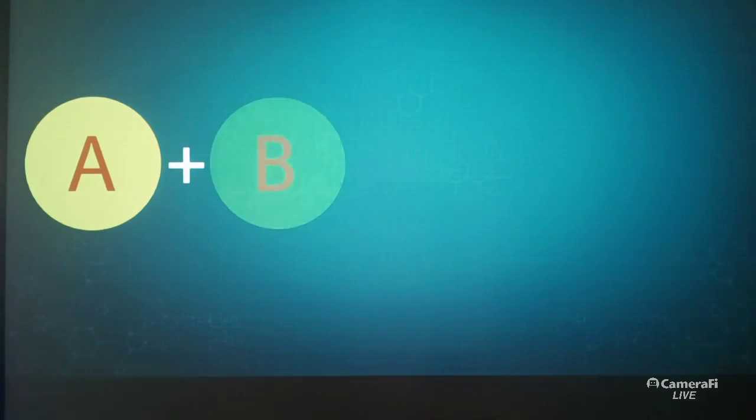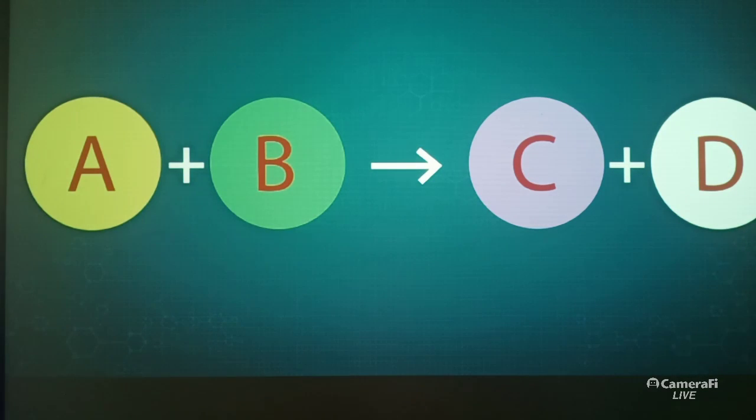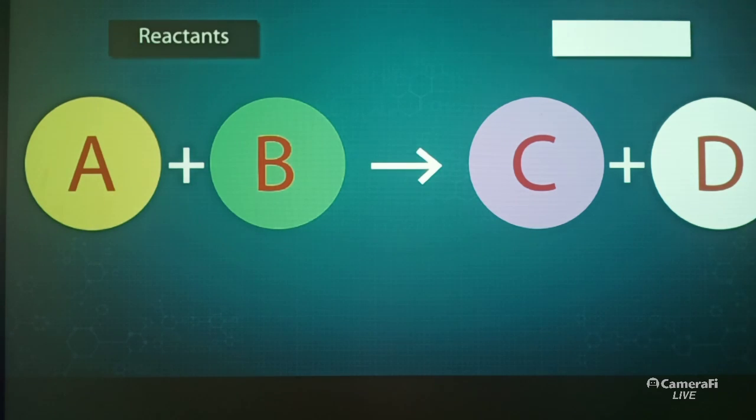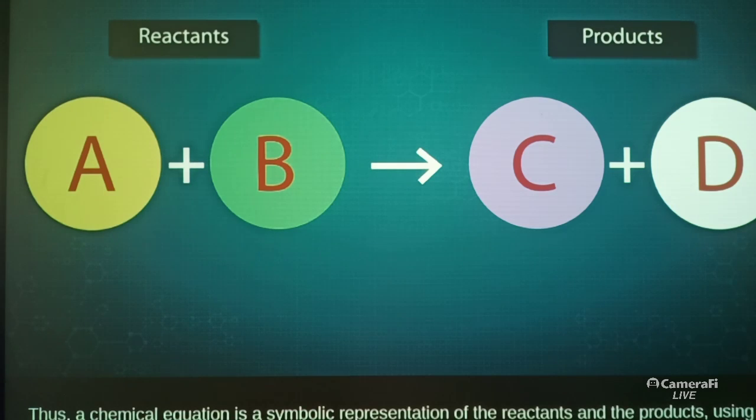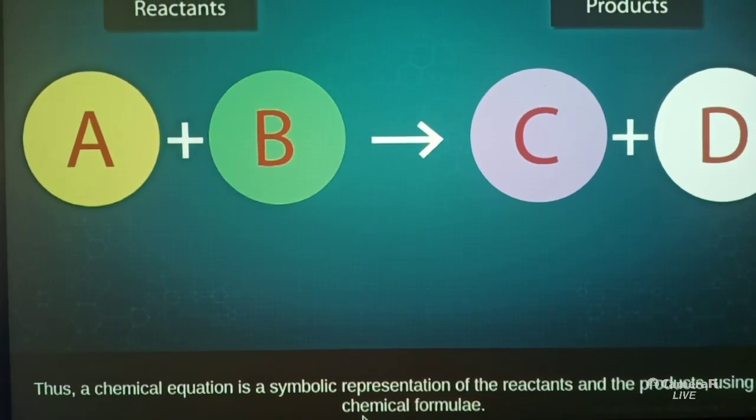A chemical reaction is expressed in terms of a chemical equation. A chemical equation indicates the components in a reaction, the physical state of each reactant, and the products of reaction. Thus, a chemical equation is a symbolic representation of the reactants and the products, using their chemical formulae.